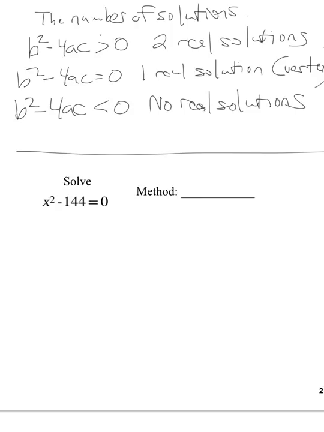In this example, we're going to notice a couple things right off the bat. We notice that the bx term is equal to 0. We notice that we're subtracting, and that's really important to remember, that there's subtraction there. That is called a difference. And we're also going to look at x squared is a perfect square.